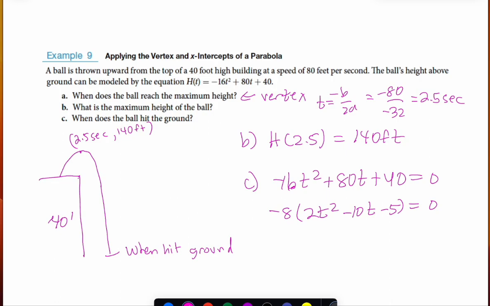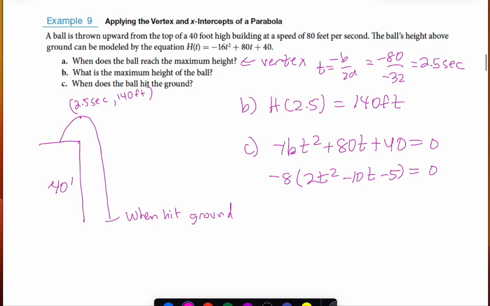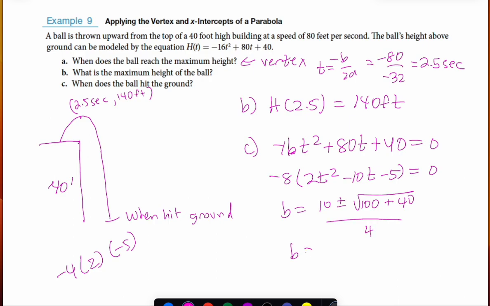Now that is not a factorable quantity, unfortunately, but we can use the quadratic formula on this thing right here. So it's going to be negative b plus or minus the square root of b squared minus 4 times a times c, and 40 over 2a's is 4.